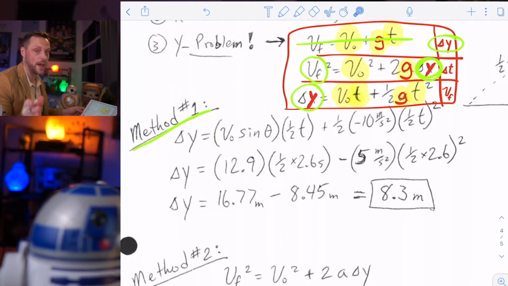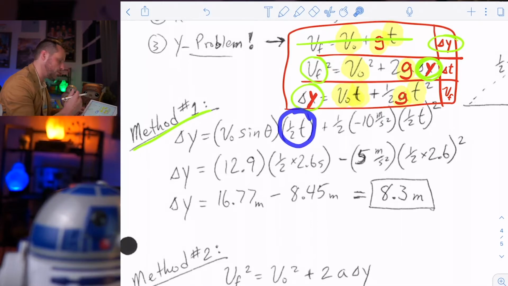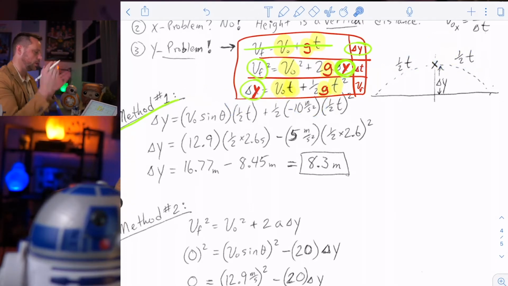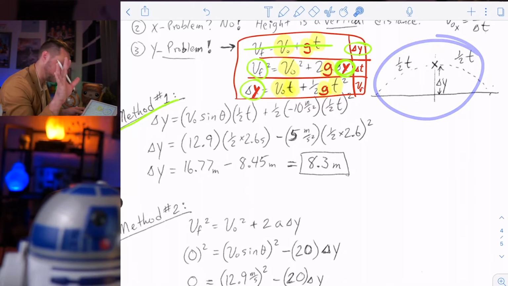So don't forget that. That's one of the most common mistakes that a lot of new physicists make. The other thing that I'm putting in here is 1/2 of my total flight time. If I plug that into my equation there, it'll chunk out the position at that time. That's another reason why the picture is so awesome and helpful.